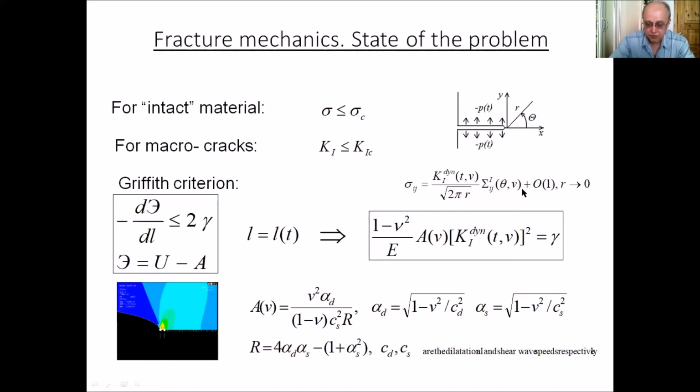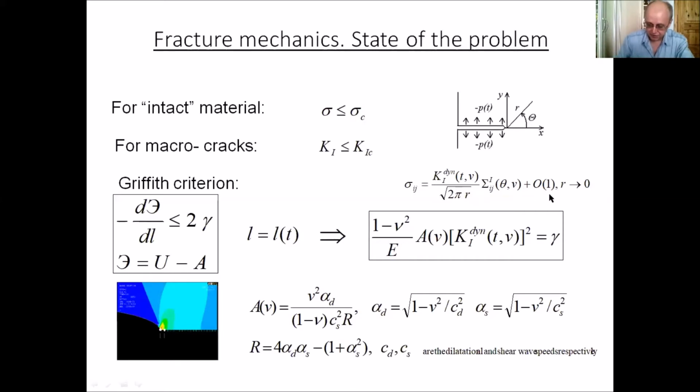The amplitude of the singularity is then characterized by the single parameter K1D, called the dynamic stress intensity factor. Here it is mode 1 that is considered. I will talk only about this case of mode 1. And K1D is a function of time and the crack speed.